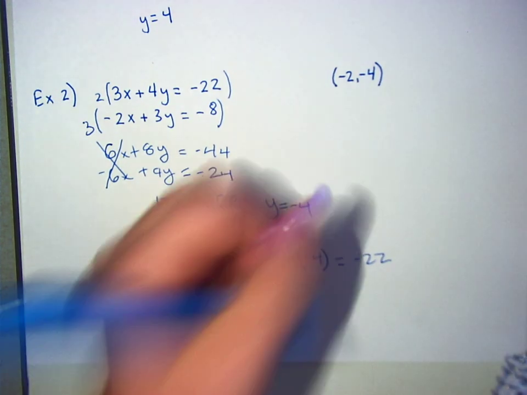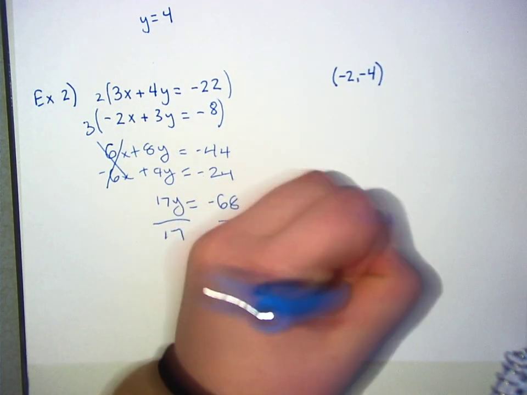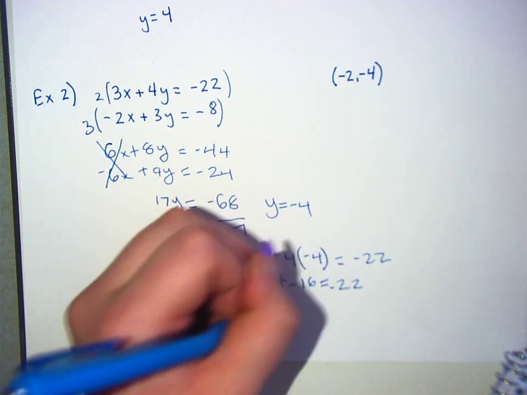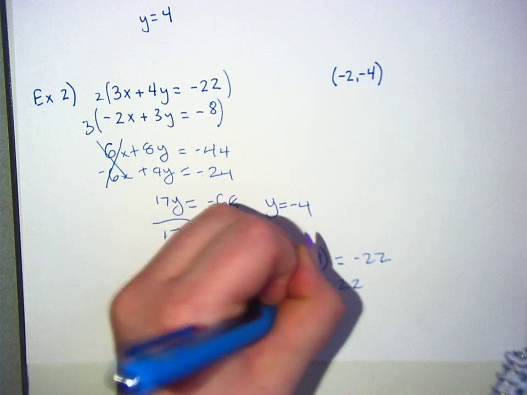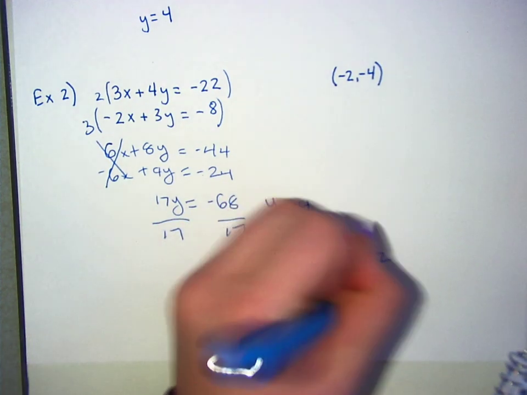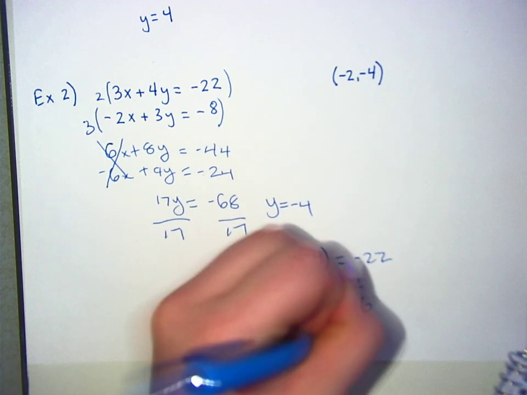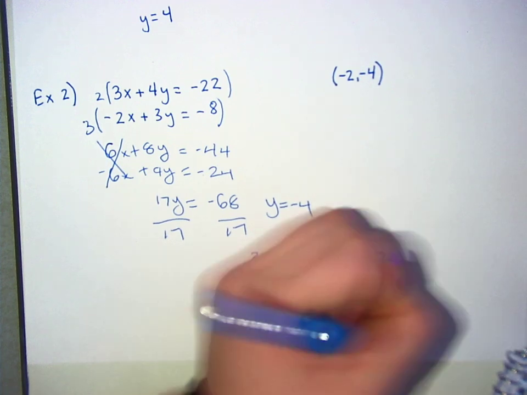And then you do 4 times negative 4, which is negative 16. So 3x minus 16 equals negative 22. And then you plus 16 on both sides. So 3x equals negative 6. Divide by 3 on both sides, and you get negative 2. So then negative 2, negative 4.